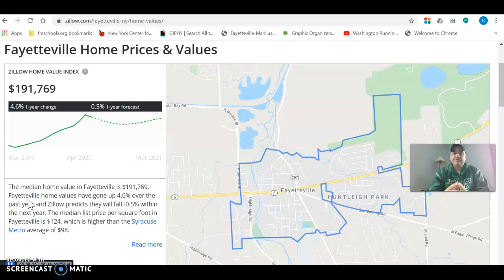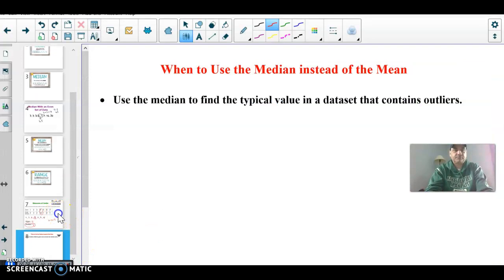Well, that would raise everybody's home value when that may not be true, or vice versa. You can have homes worth very, very little, again, lowering everybody's home value. So a lot of times in real estate, they'll use the median. They'll line everybody's home up and find the one that's in the middle. Okay, so that's a little real life example of using the median.